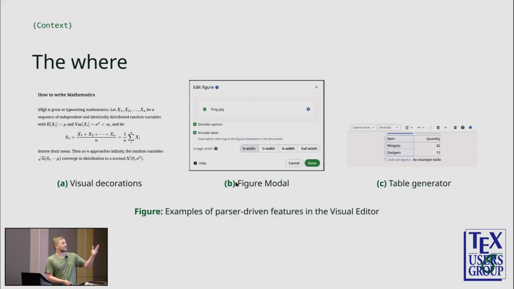The figure modal, as I discussed, rather than going and editing your LaTeX source code, you can press around on the buttons, change the settings that you want. And finally, the table generator, where you can do these structural modifications. You can change the border theme, you can change column structures, rows, and so on and so forth.